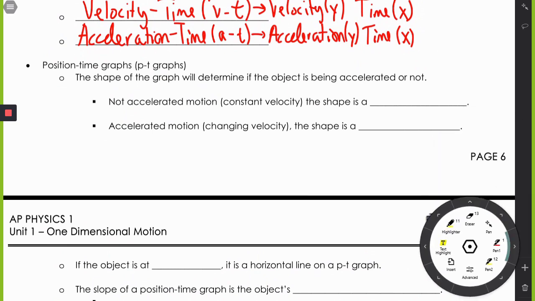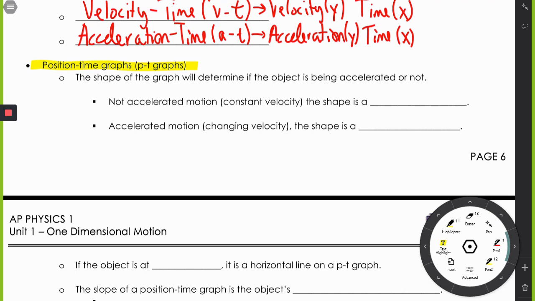All right. So our first graph we're going to talk about is our position time graph. Position is on the y-axis and time is on the x-axis. Now, the shape of the graph tells you if the velocity is constant or if it's changing.